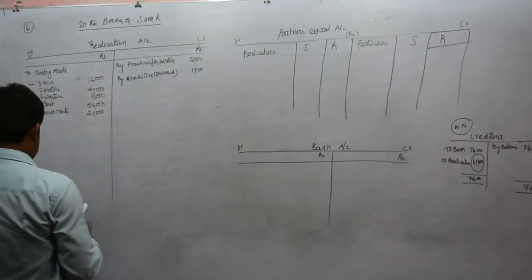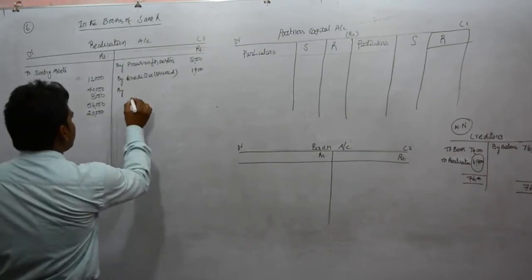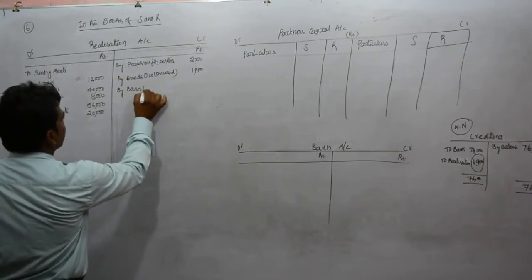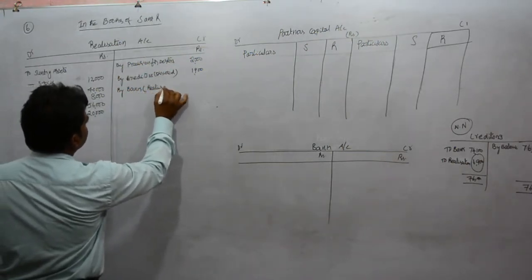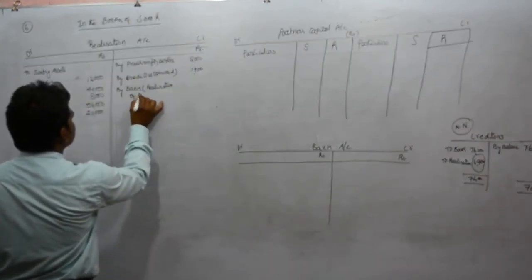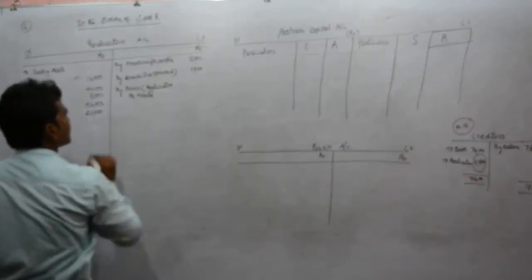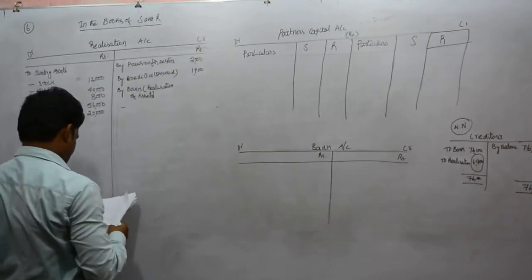We got the amount on realization of assets by bank. Then what are the amounts realized?